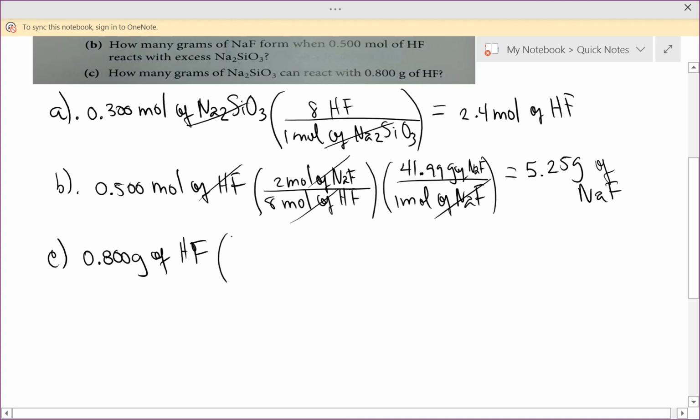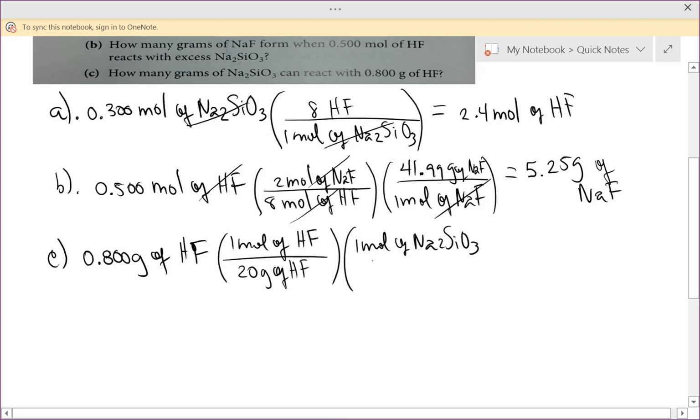We have per 1 mole of HF, around 20 grams of HF. And per 1 mole of Na2SiO3, we have 8 moles of HF.